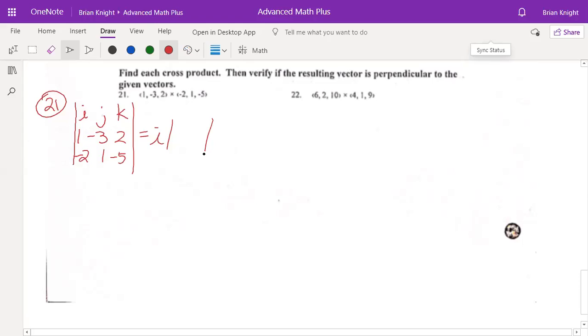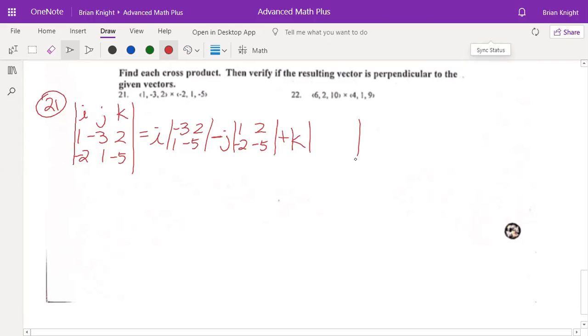If you've forgotten how to do it, you cover up the column that i is in, and what are the numbers that are left? -3, 2, 1, -5. Very good. You have to subtract the j. Cover up j's column. We'll have a 1 and a 2, and a -2 and a -5.